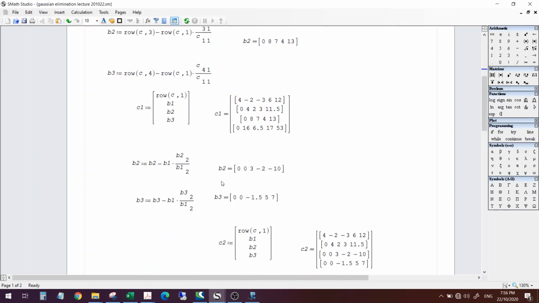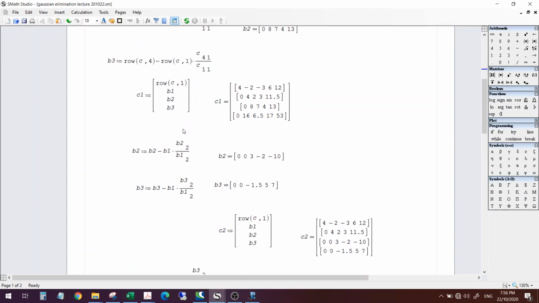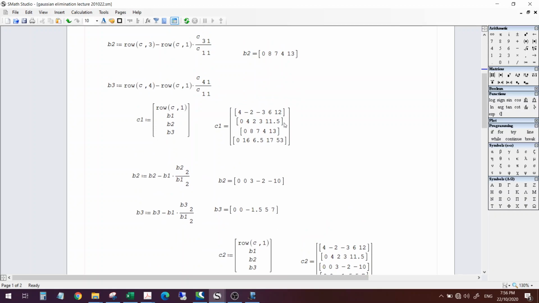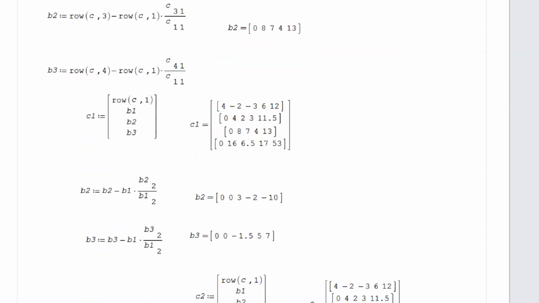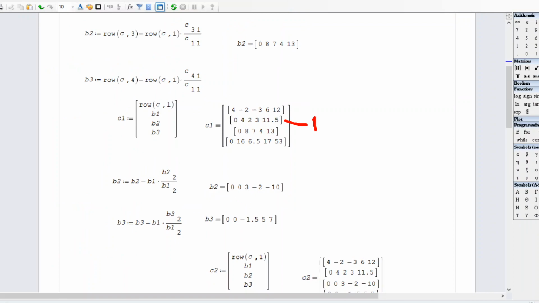Now for the next stage, I'll repeat the same process, right? But this time my pivot equation is this one. So this is now my pivot equation. This is now my pivot. So this B22 here is simply, what number was that? Negative 8 over 4 in our manual calculation.